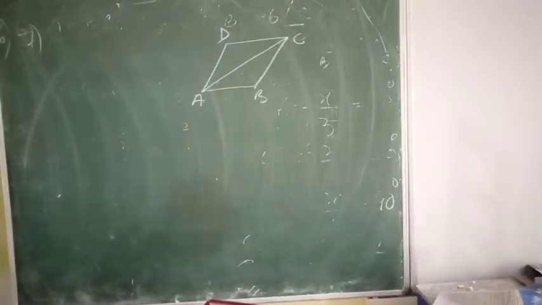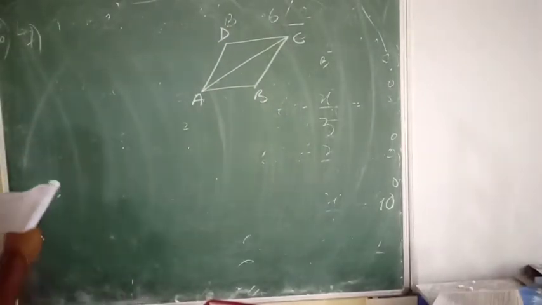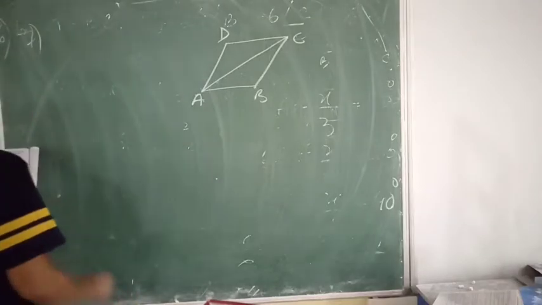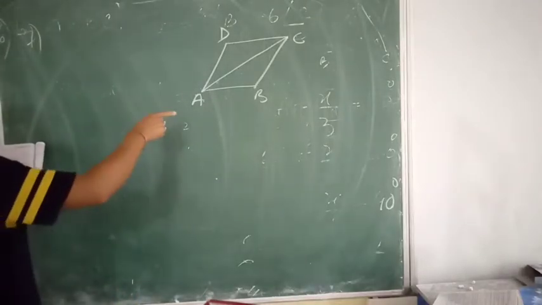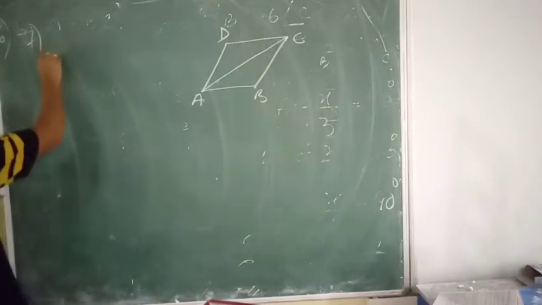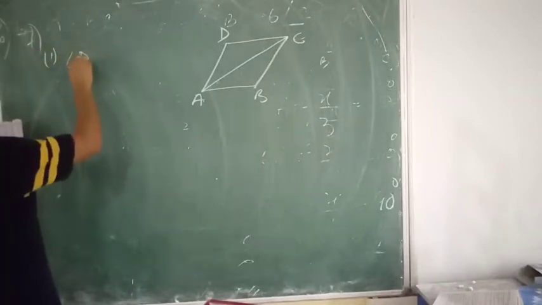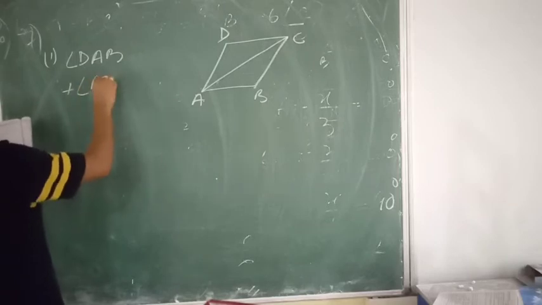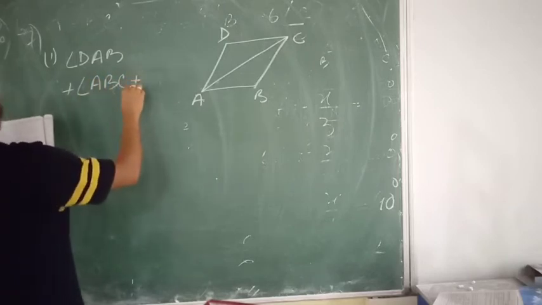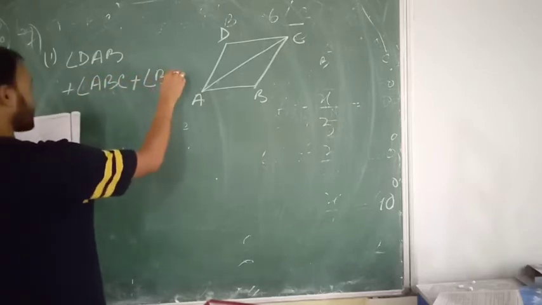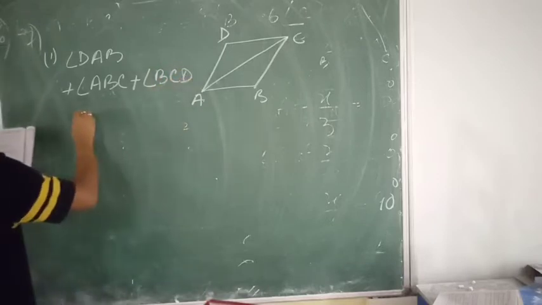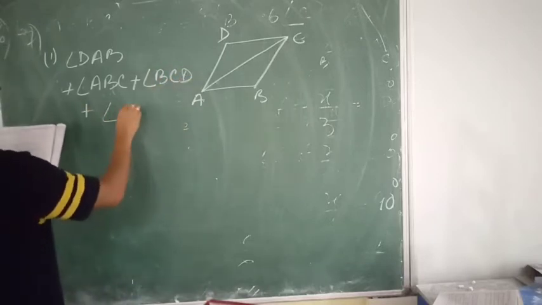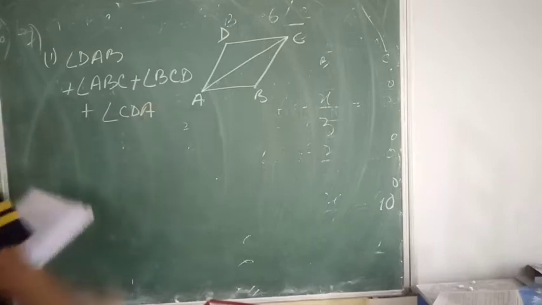The question is saying, using one or more triangles, find the angle. The first question is angle DAB plus angle ABC plus angle BCD plus angle CDE.